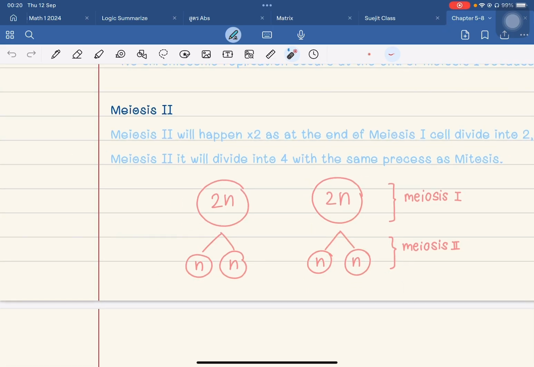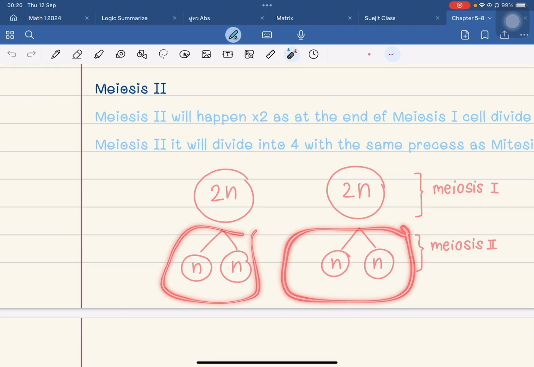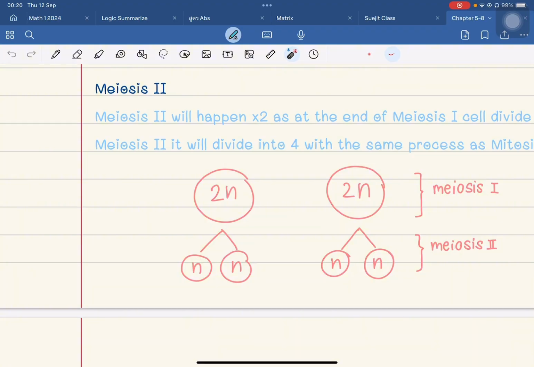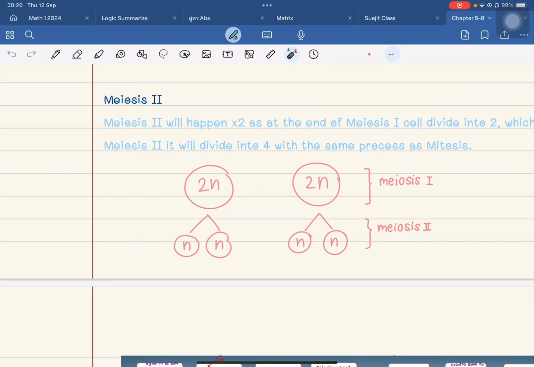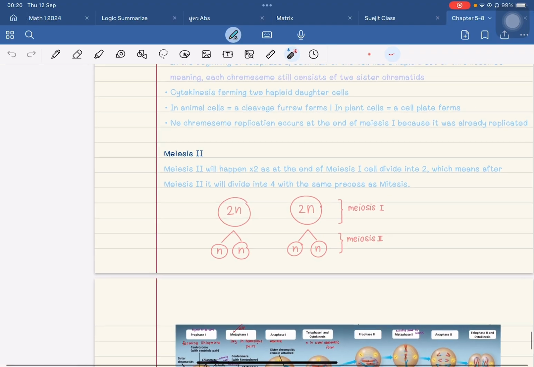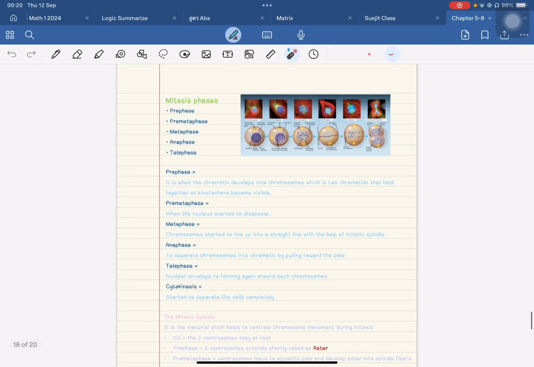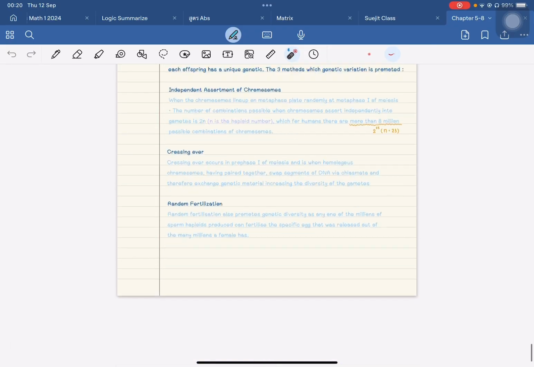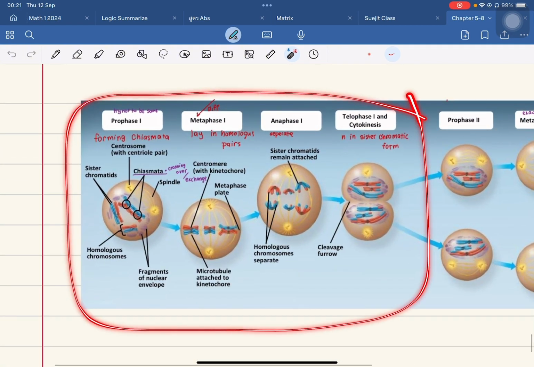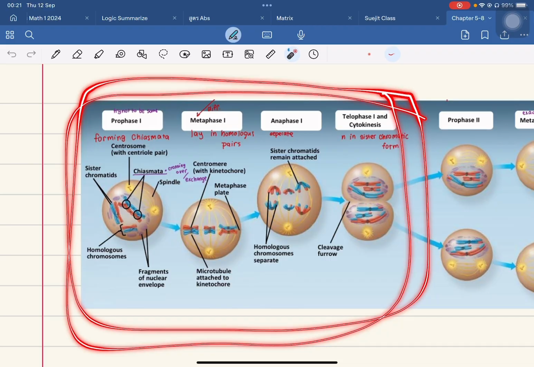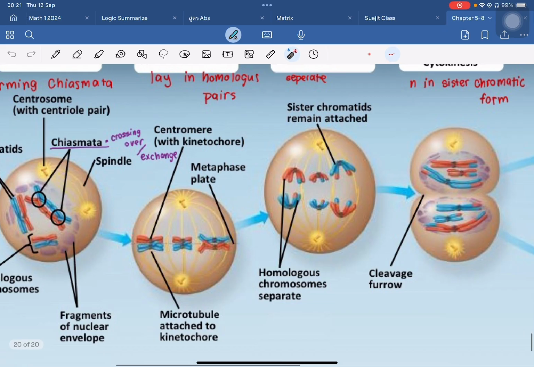The thing is, the process of meiosis 2 is very similar, actually the same process as mitosis, but we can't call it mitosis. It is meiosis 2. So I won't be writing the process, as it is the same. So these are the pictures. This is meiosis 1, as you see here.